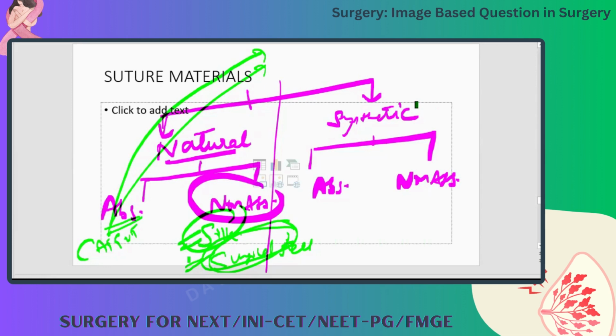So the only suture material which comes in an isopropyl alcohol container is catgut. Next time whenever you suture, just before opening, you will see some solution come out. That is nothing but isopropyl alcohol. Clear? Yes, sir. Catgut is made from sheep intestine and stored in isopropyl alcohol. These are 3 important MCQs.